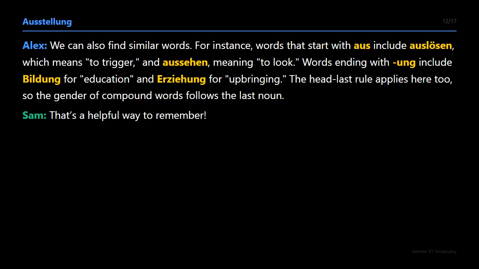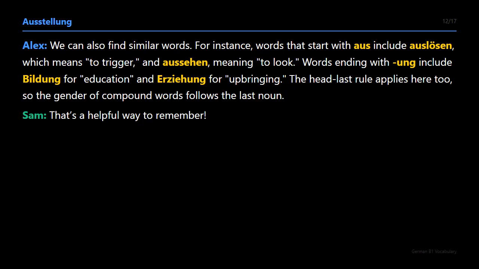Words ending with -ung include Bildung for education and Erziehung for upbringing. The head-last rule applies here too, so the gender of compound words follows the last noun. That's a helpful way to remember.